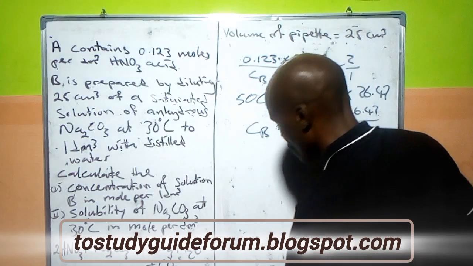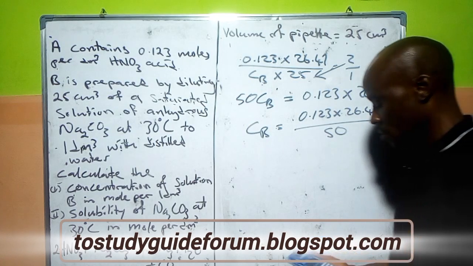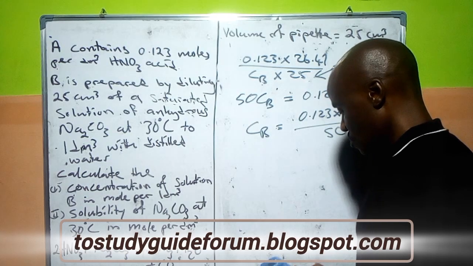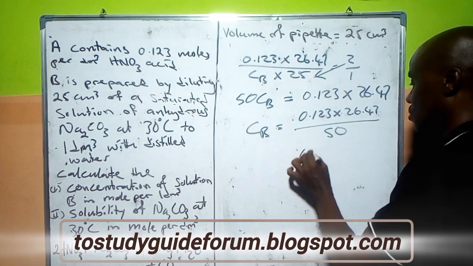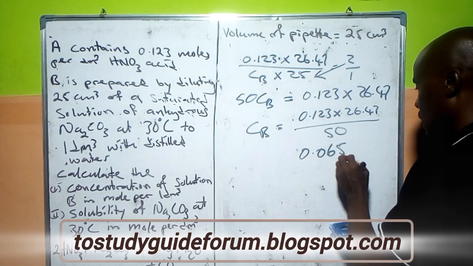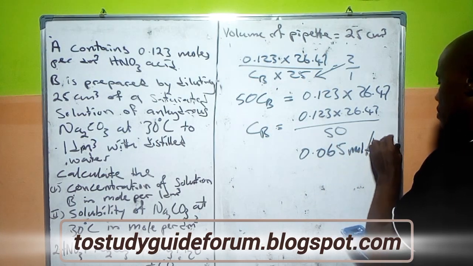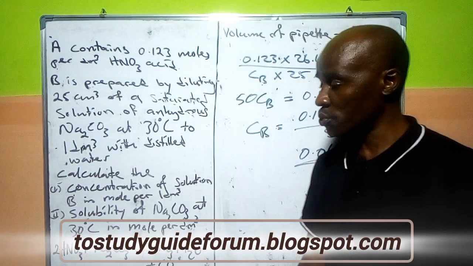So 26.47 times 0.123 divided by 50 will give us 0.056 approximately mole per dm cube. So this is what we have.